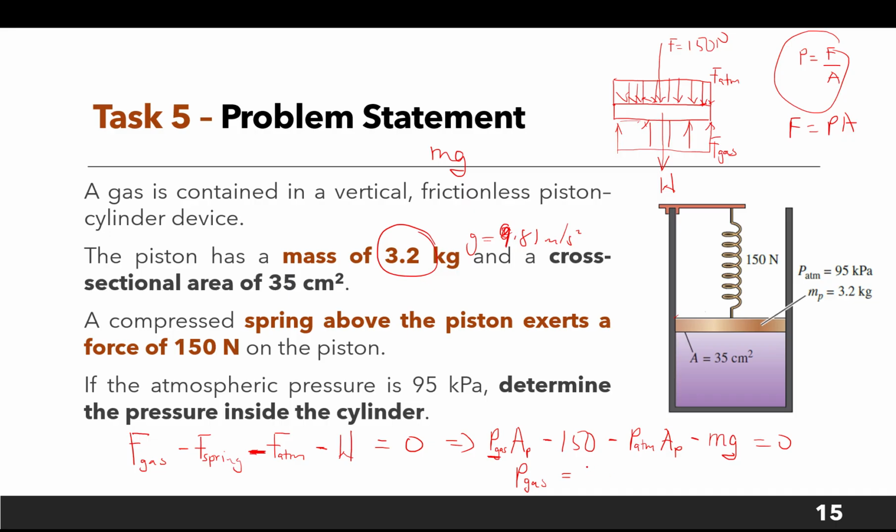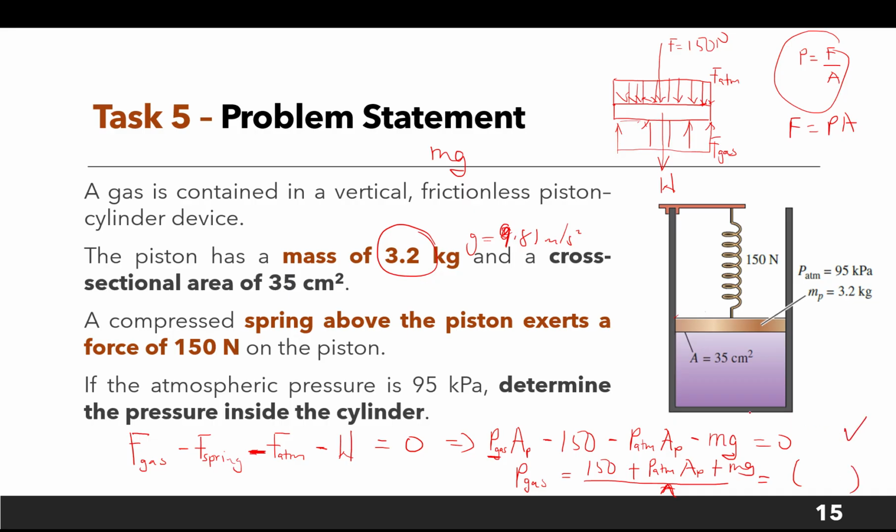So we have P_G being equal to 150 plus P_ATM A_P plus mg all over A. So if I do the substitution correctly, I should be able to get my pressure within the gas, and that will be the final answer.